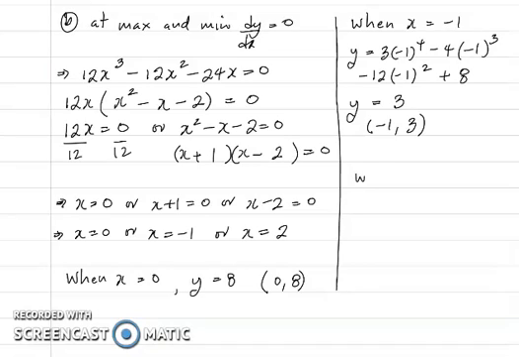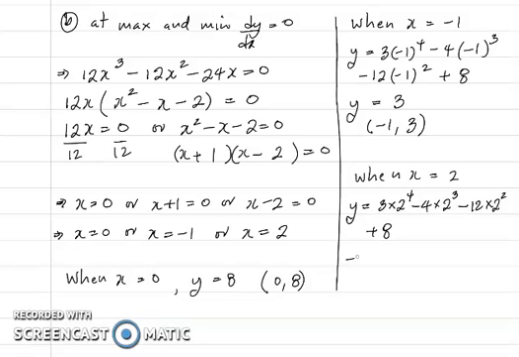Next, I'm going to say when x is equal to 2, I'm going to get y is equal to 3 times 2 to the 4th power minus 4 times 2 cubed minus 12 times 2 squared plus 8.